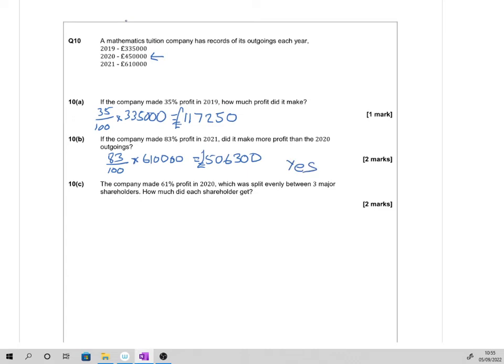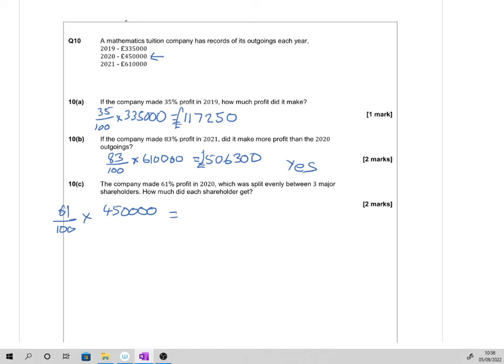The company made 61% profit in 2020, which was split evenly between three major shareholders. How much did each shareholder get? So 2020, we need 450,000, four zeros. And we want to find 61% of that.